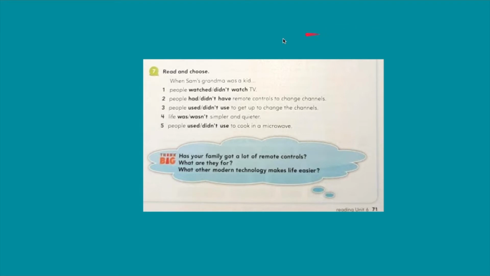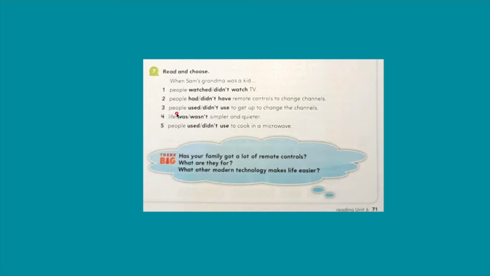So, when Sam's grandma was a kid, people watched TV. They did watch TV. When Sam's grandma was a kid, people didn't have remote controls to change channels.